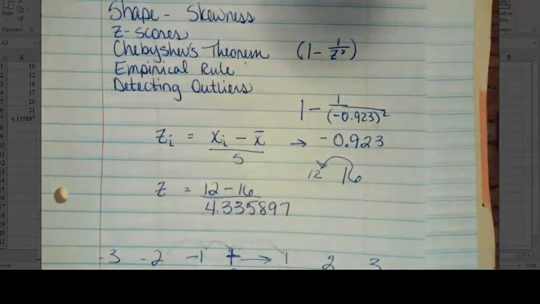Now we got one more thing about detecting outliers. There's another method that we can use. I am getting to this because I'm running short on time, but here we go. I could have a lower limit.